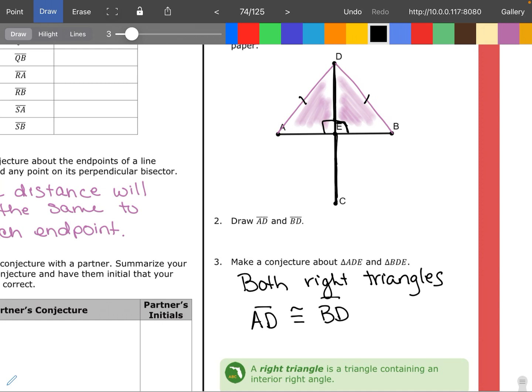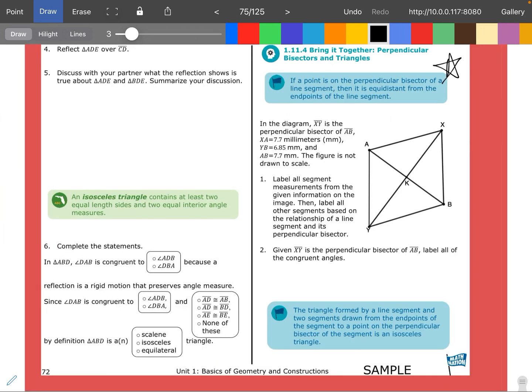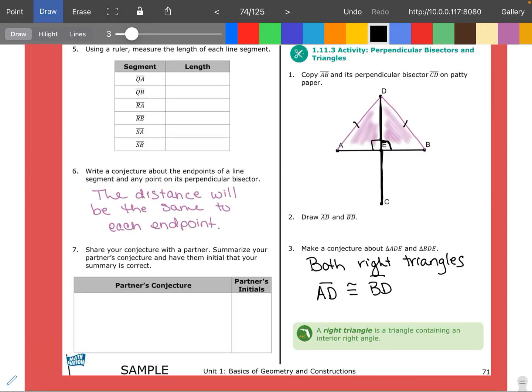So not only are they both right triangles, but they are also congruent to each other. And the original triangle is an isosceles triangle.